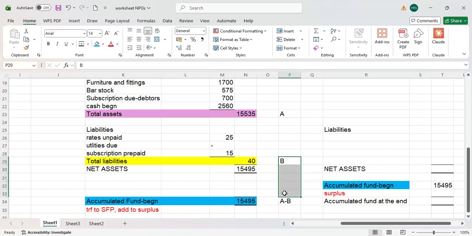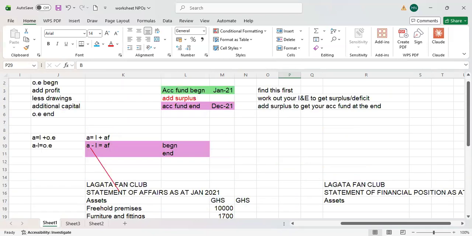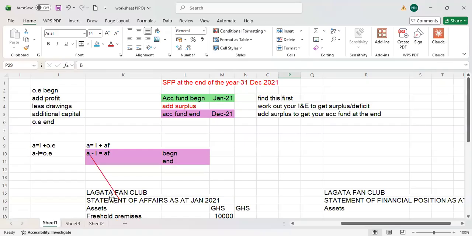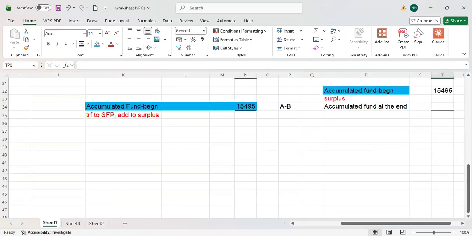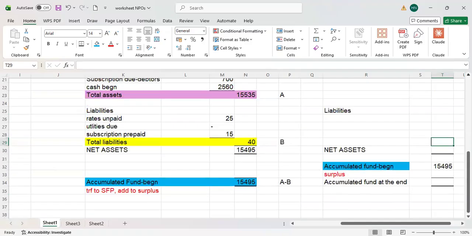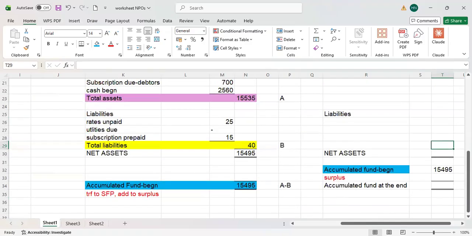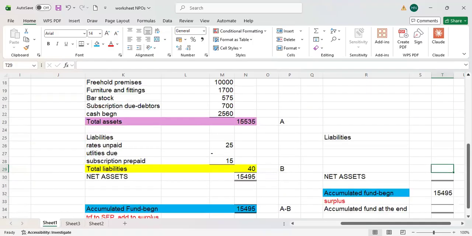All right. So that's all for now. We've looked at how to find the accumulated fund. You start with your statement of affairs, get your accumulated fund at the beginning, and then you transfer it here. You can open separate pages for all of these statements so that as you work out, you transfer. Okay. You don't have to wait till you finish; as you're working, you're transferring. So open a full page for this.